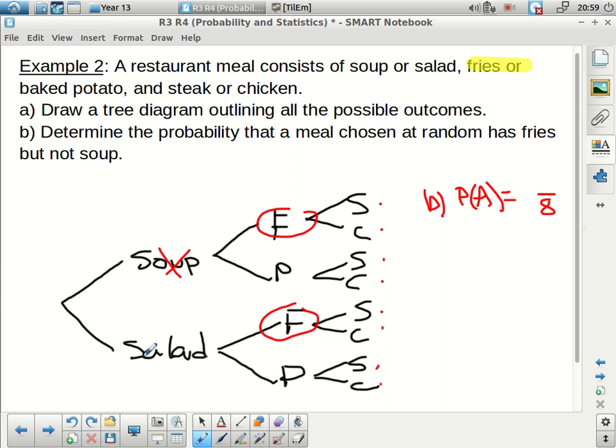And from down here, the only paths that contain fries are this one and this one. So that's 2 out of 8, which would reduce down to 1/4 if I divide both by 2. And last but not least, that would make it 25% when it's all said and done.